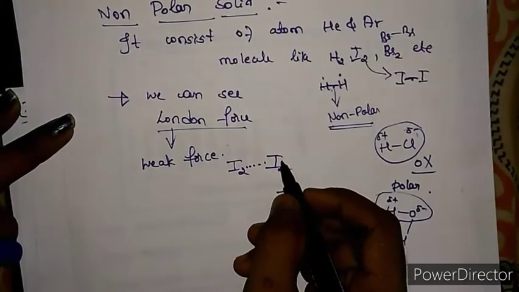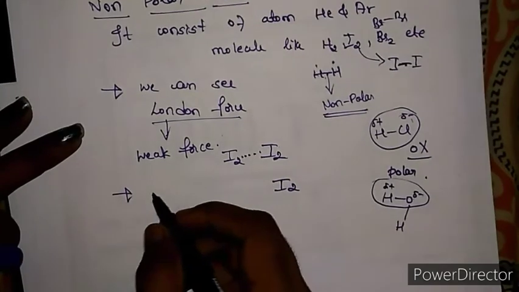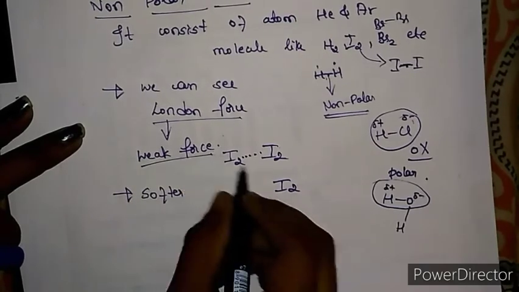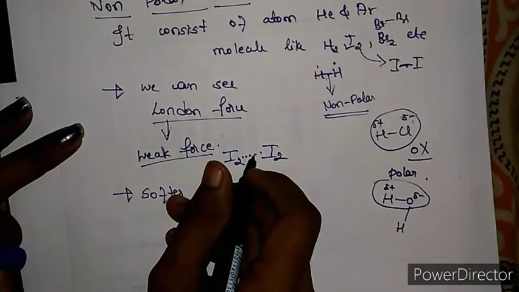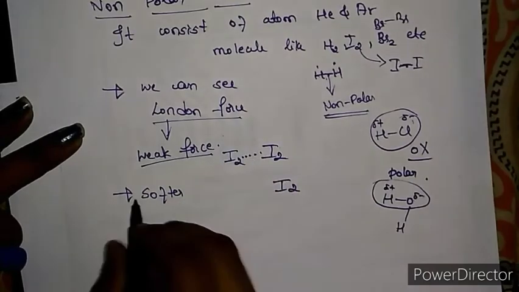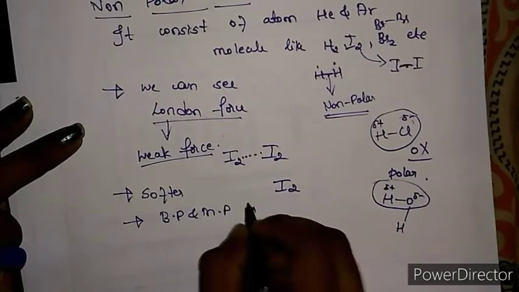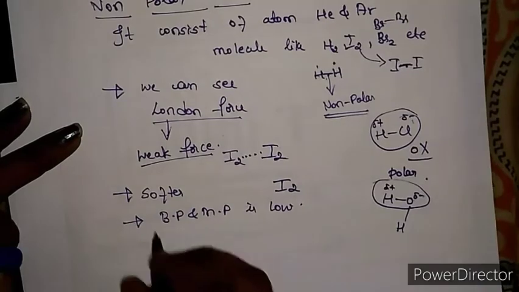If it is a weak force of attraction, is this type of solid harder or softer? It is softer. If the force of attraction is weaker, then it is softer. What about the melting point and boiling point? They are low.